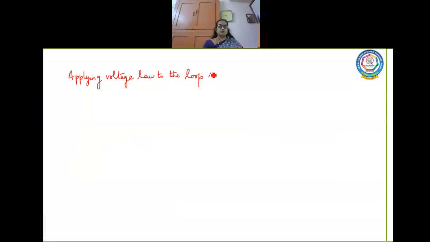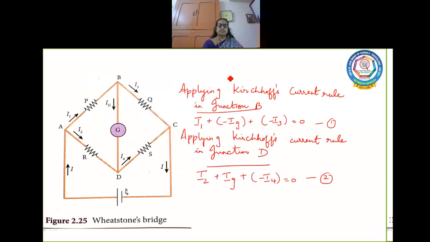The closed loop which I am going to take now is ABDA. Look at the diagram. Where is ABDA? See here, AB, BD and DA. So this is a closed loop that I am taking.